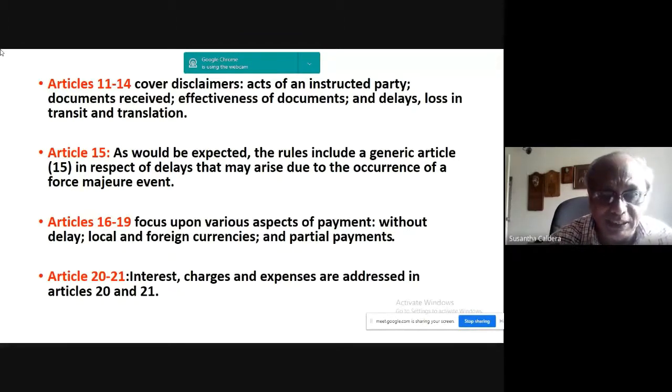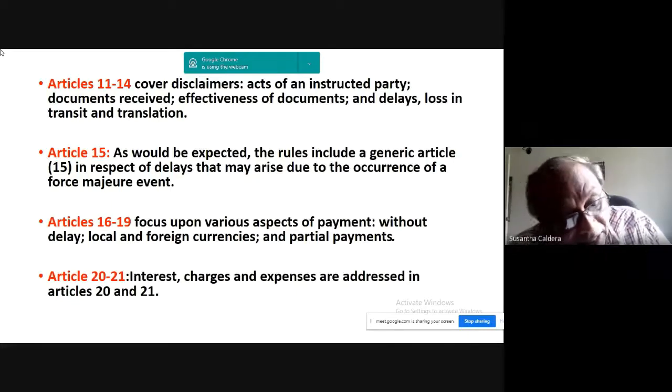All four articles, 16, 17, 18, 19, are covering payments, right? So they say payments without delay. Amounts collected, less charges, must be made available without delay to the party from whom the collection instruction was received, in accordance with the terms and conditions of the collection instructions.